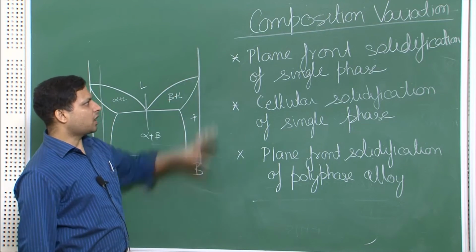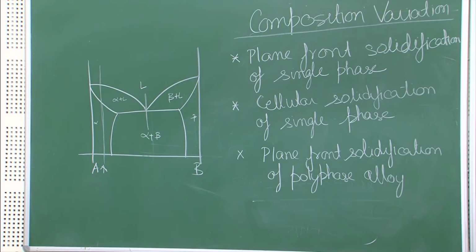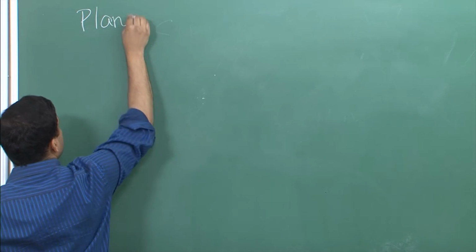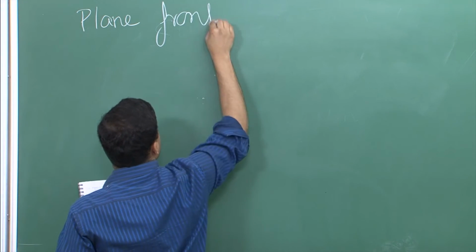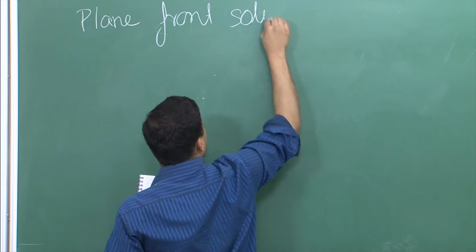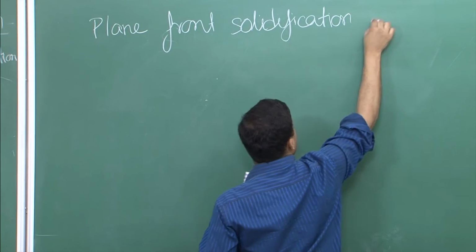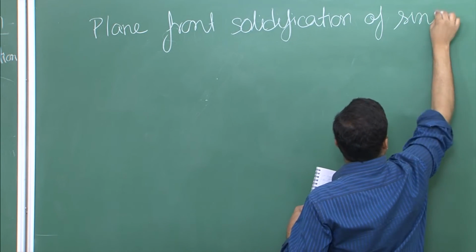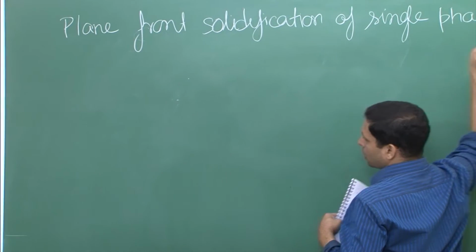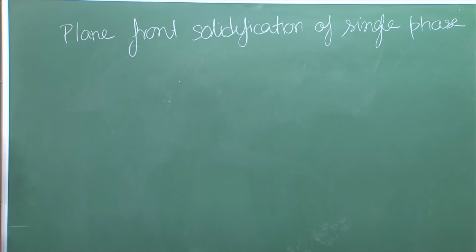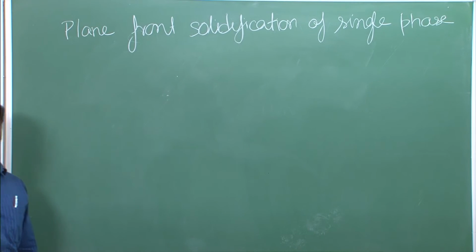So first we will start with the plane front solidification of single phase alloys. Now whenever we are trying to consider solidification of such kind of alloys, it is appropriate to make some assumptions.